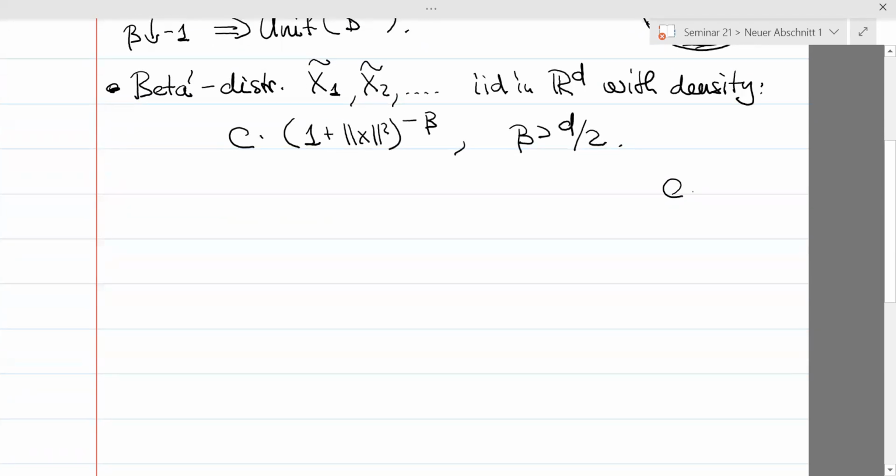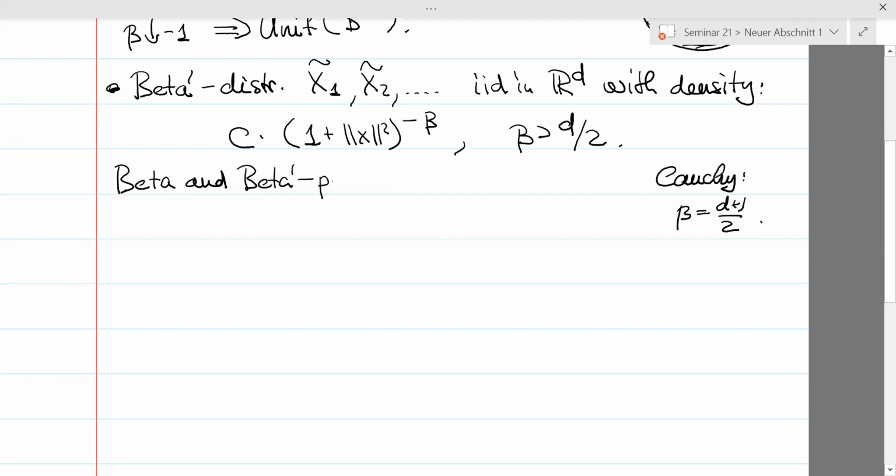Now, our case of the Cauchy distribution is beta equals (d plus 1)/2. So it's a very special case. And now we define the corresponding random polytopes, beta polytopes and beta prime polytopes.